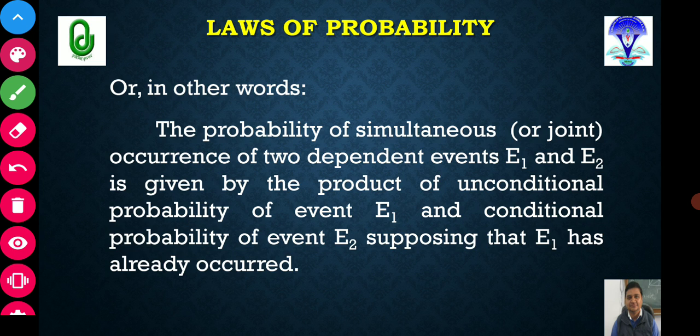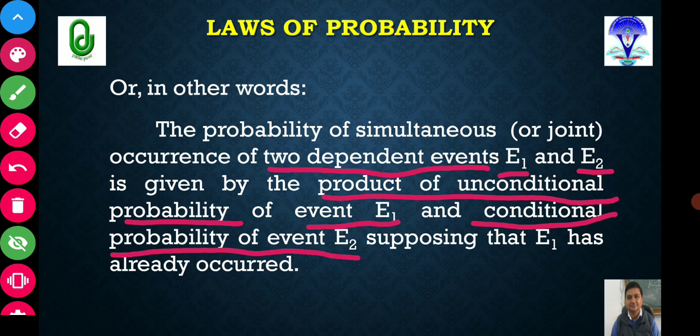In other words, the probability of simultaneous occurrence of two dependent events, E1 and E2, is given by the product of the unconditional probability of event E1 and the conditional probability of event E2, because event E1 has already taken place.